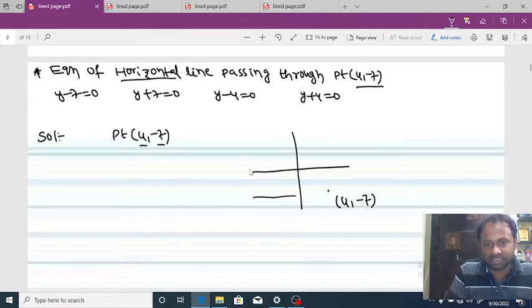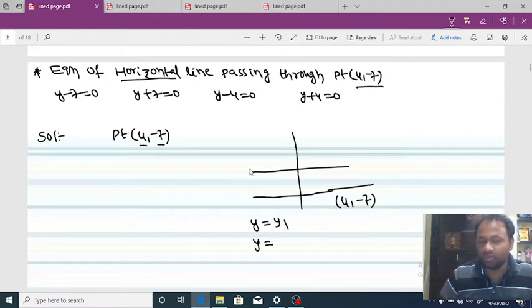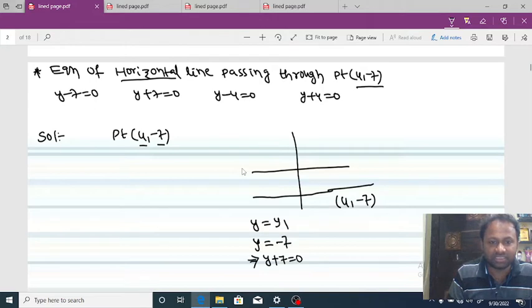This will be the horizontal line. What is the equation of a horizontal line? y is equal to y1. So y is equal to y1, which is minus 7. Okay, y is equal to minus 7 is nothing but y plus 7 is equal to 0.